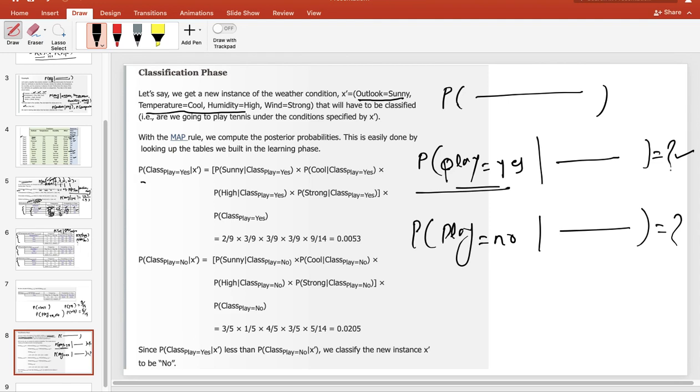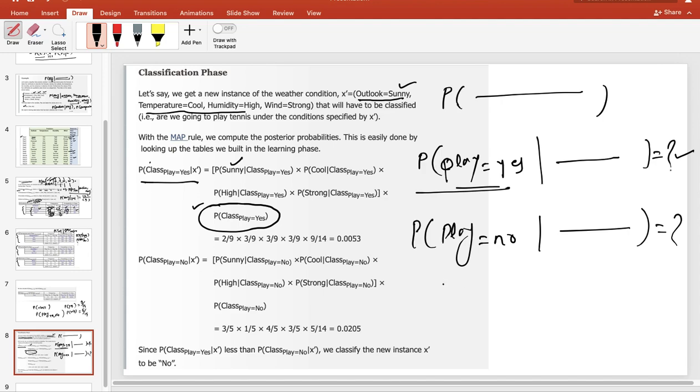So here is the probability of play is equal to yes with these weather conditions. This can be computed by using Bayes theorem, the naive Bayes classifier. So the probability of this class, into the probability of sunny given class play is equal to yes, because we are going with class yes here.